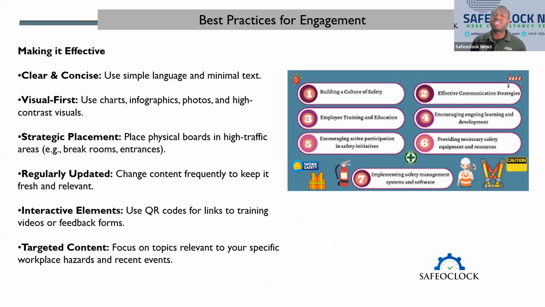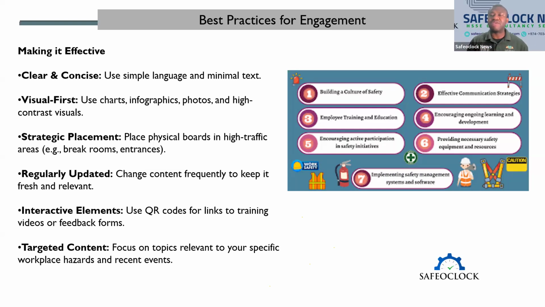Okay, then we should be strategic in the locations. If they are going to have physical safety bulletin boards, then we should know locations where people will access it easily, or where people are seen more often. For example, in the welfare area, like the mess hall, you know that the workers are always at that point during break time, okay?